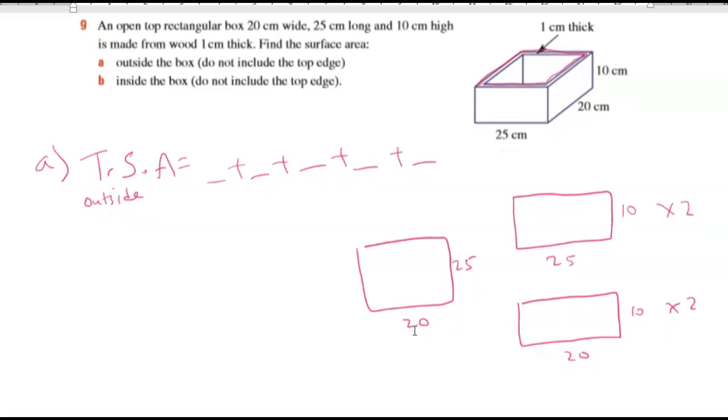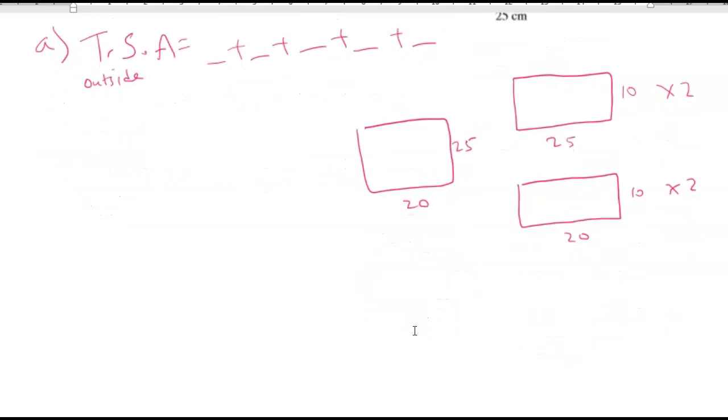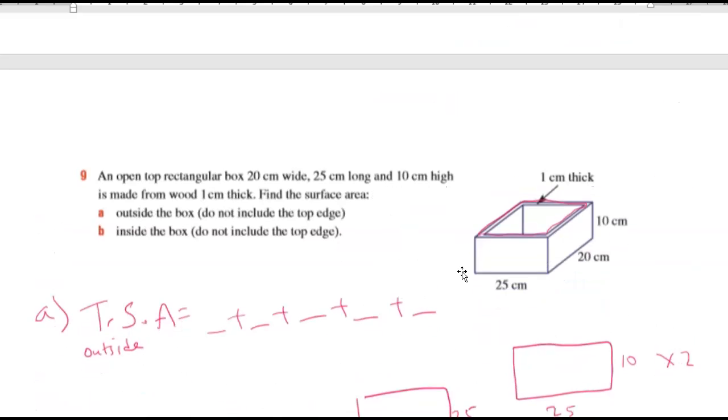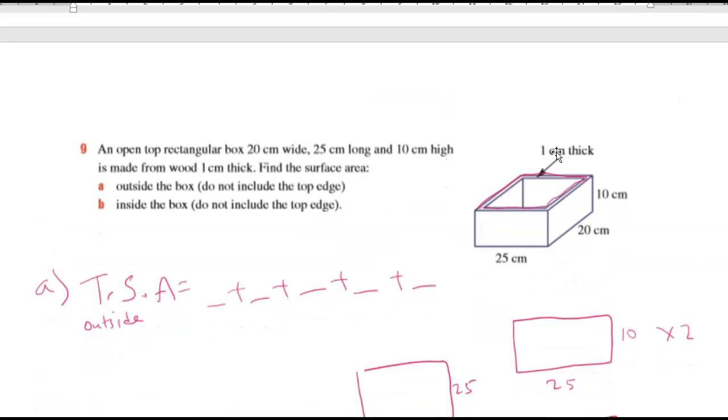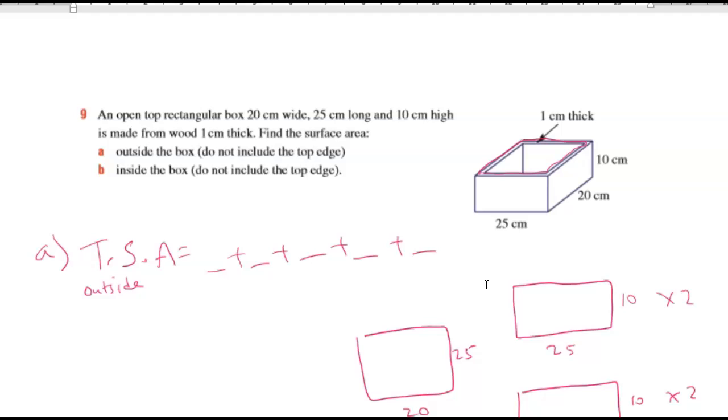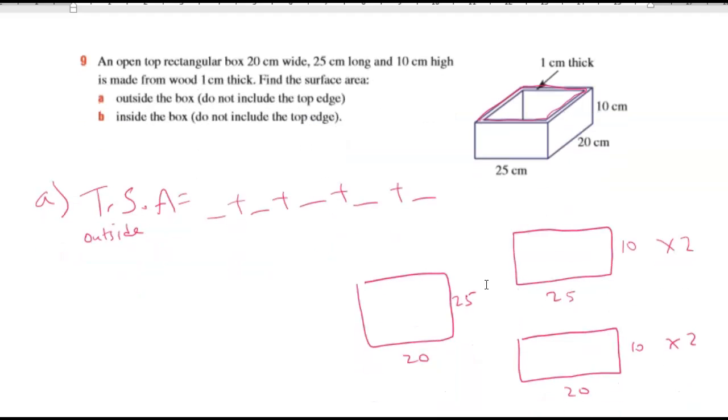All right, so inside the box is a little bit different. Okay, we're still going to have the same number of sides. The only difference is that your wood, because it is 1 centimetre thick, it's going to be different. So when you think about how you're going to lay your pieces of wood, that's going to make a difference as to what the total surface area is.